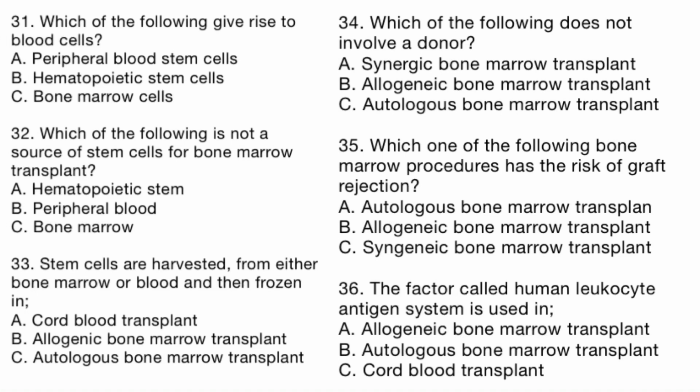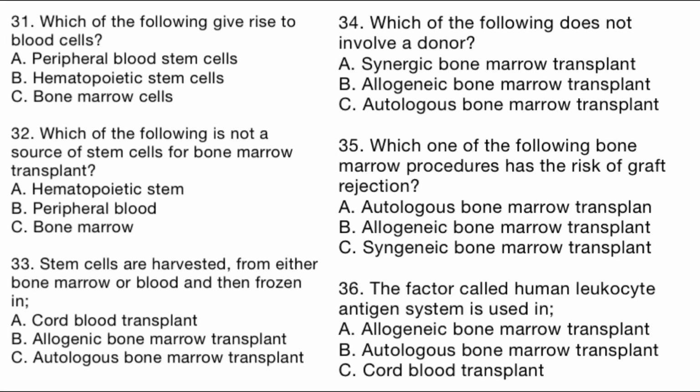Autologous stem cell transplant. In this type, the patient's own bone marrow cells are taken prior to the anti-cancer procedure, and these stem cells are harvested from either bone marrow or blood and then frozen. The advantage is that the patients get their own blood cells, and thus there is a decreased risk of the immune system not recognizing the cells and rejecting them, which is called graft rejection, and rejection makes allogeneic transplants difficult.